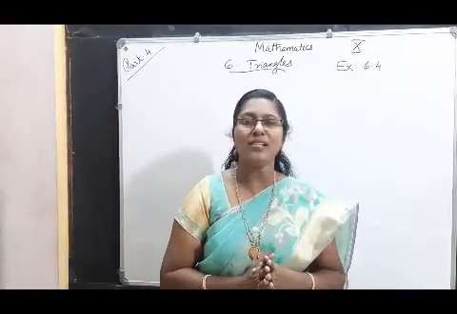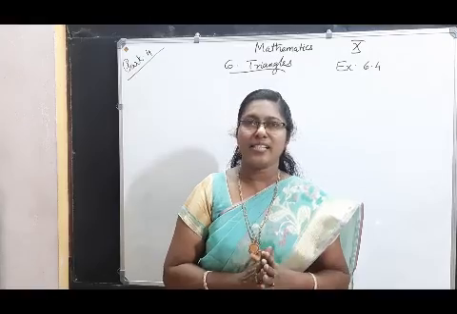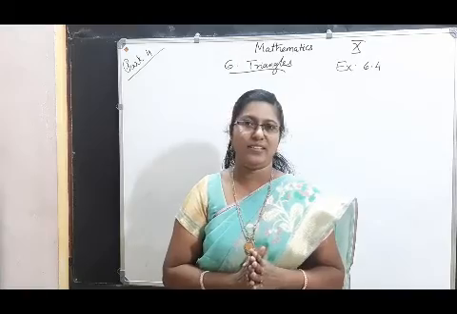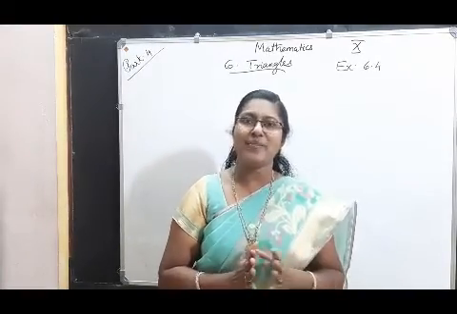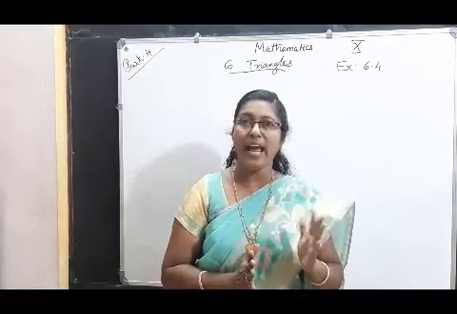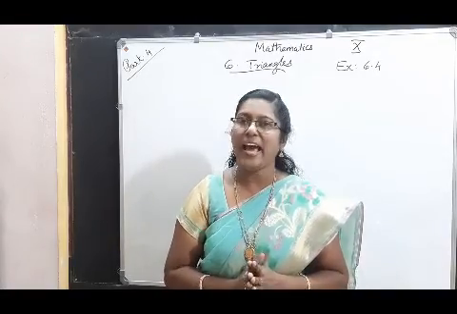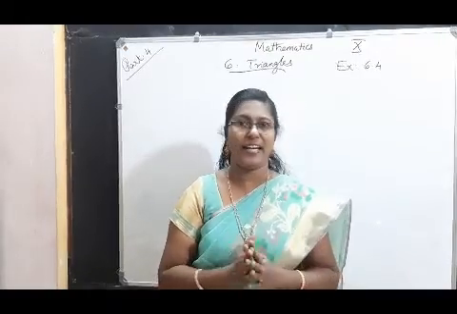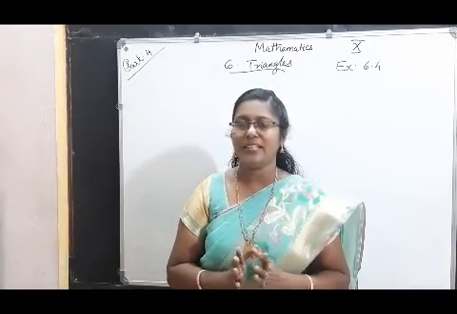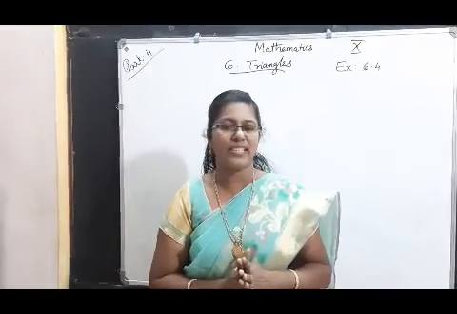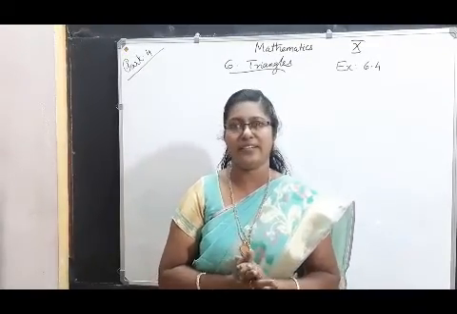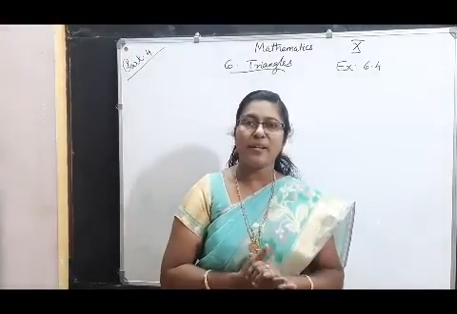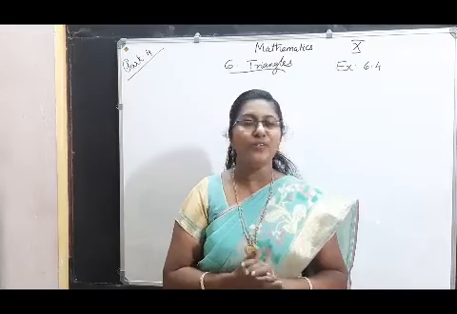Then part 2 consists of exercise 6.3, questions 1 to 8, based on the AA similarity theorem, that means the angle similarity criterion, and the SSS similarity criterion, the side similarity criterion. Then the third one, SAS similarity criterion, that is side, angle, side. The next, part 3, consists of the same exercise, questions from 8 to 16.